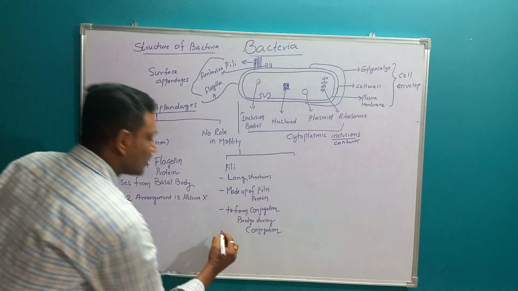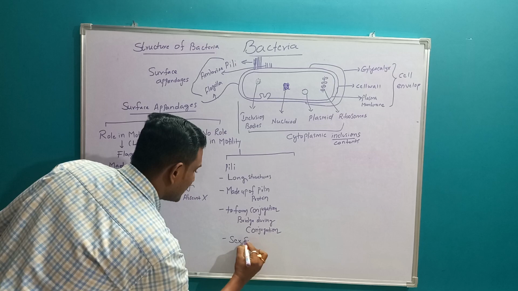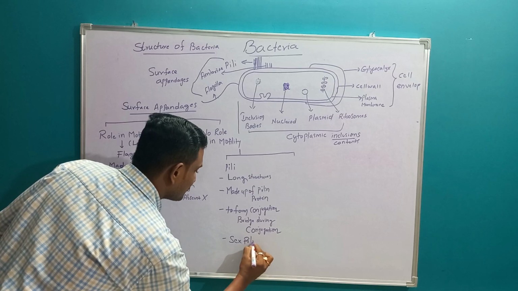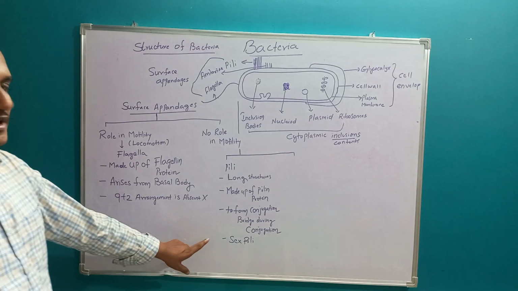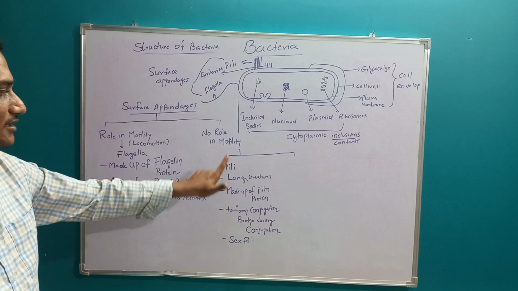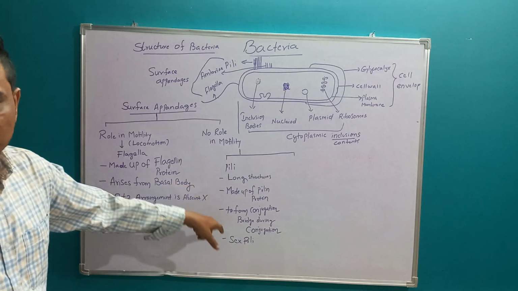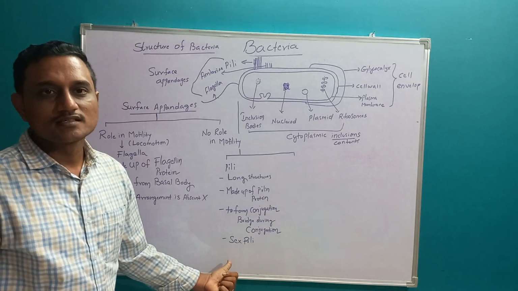Hence these are called sex pili. So pili are long structures made up of pilin protein, help to form a conjugation bridge during conjugation, hence called sex pili.